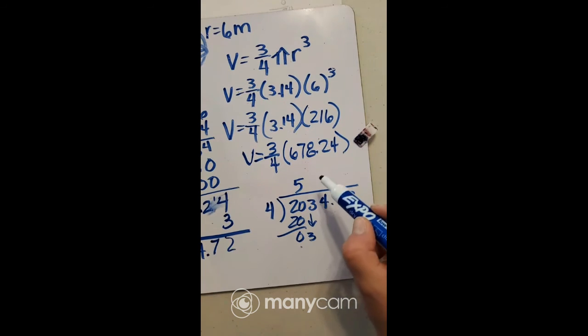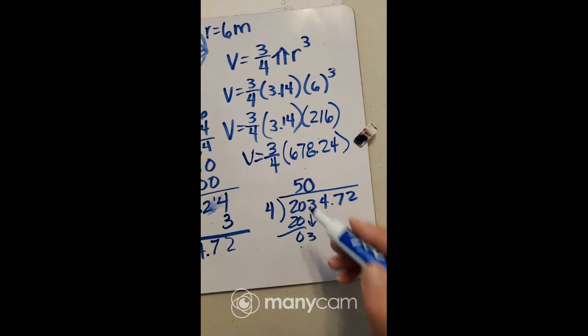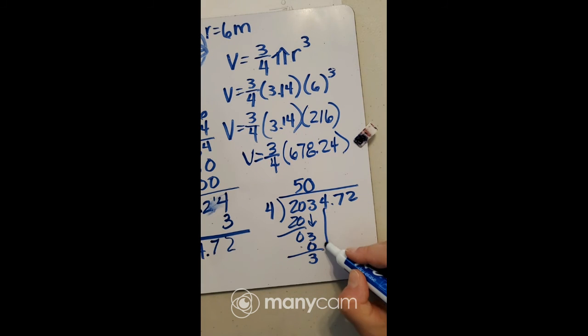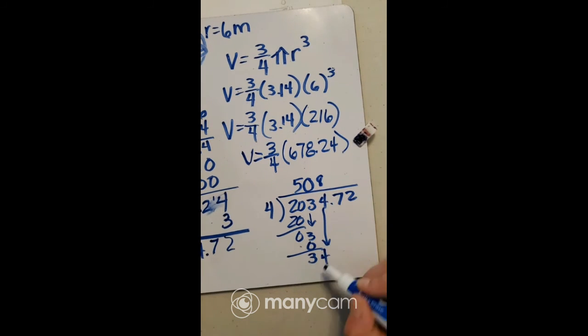I need to hold that place for those of you who are reviewing division right now as we speak. Put a 0 in. I get my 3. Now I can bring down this 4. 4 does go into 34. 8 times. I get 32. 2 left over.